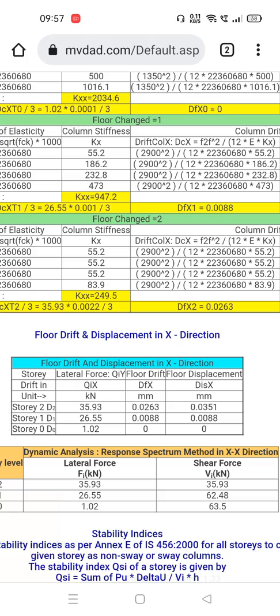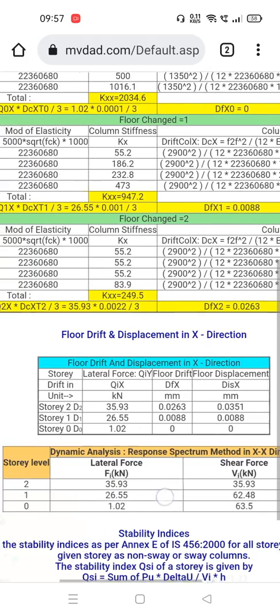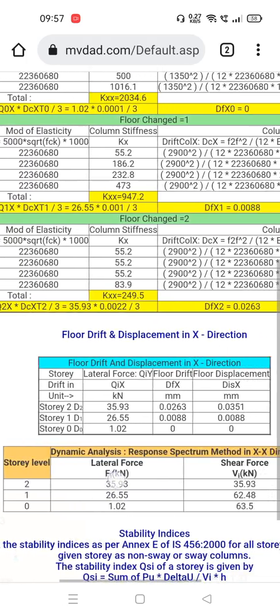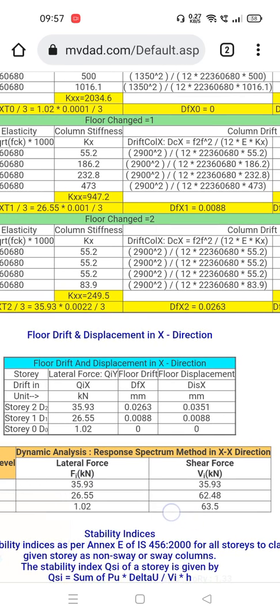Floor drift and displacement in X direction, dynamic analysis response spectrum method in XX direction, which we have already calculated.